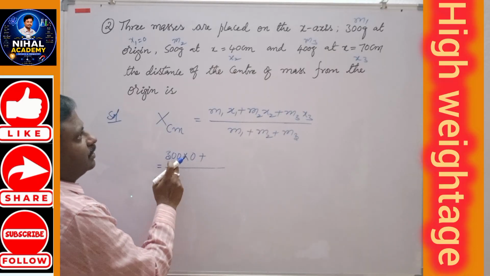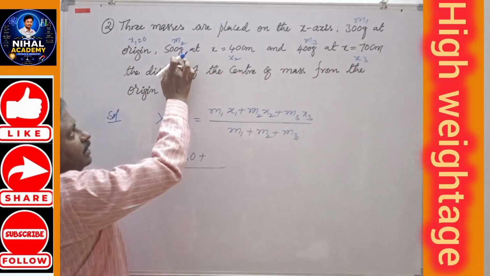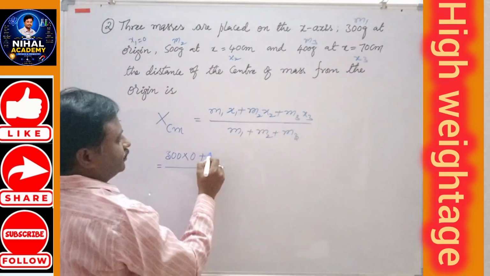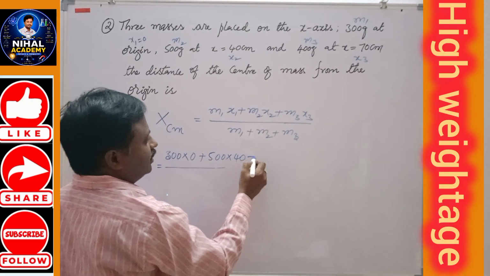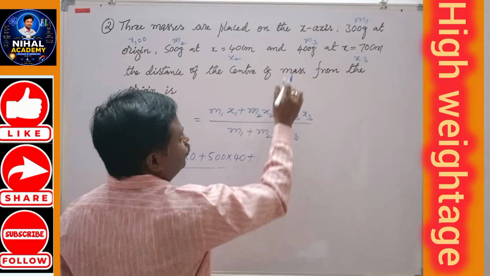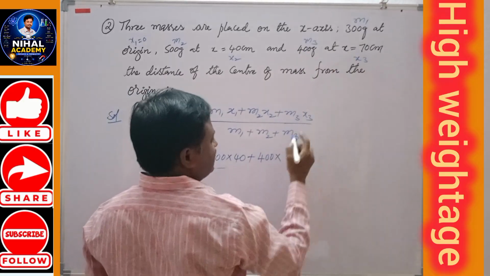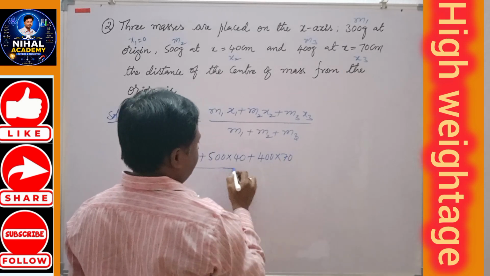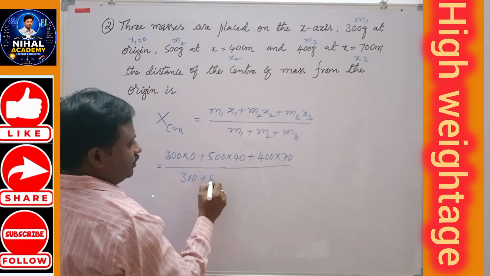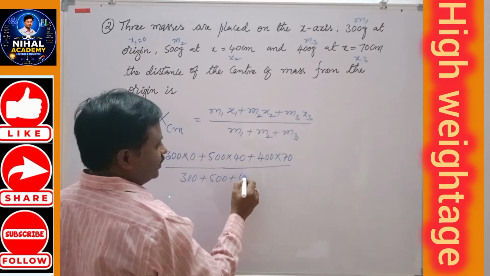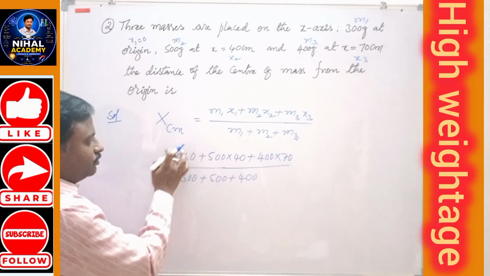So 300 into 0 plus m2, 500 into x2 which is 40, plus m3, 400 into x3, that is 70, by m1 300 plus m2 500 plus m3 400. Now the first term will become 0.